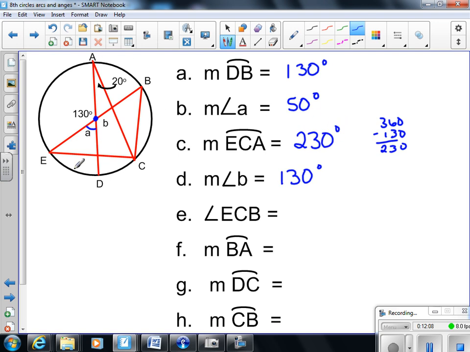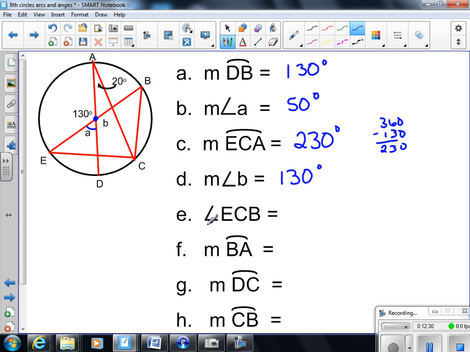So this is a major arc, and the measurement is 230 degrees. We knew it had to be over 180 degrees. Another way you could have calculated it: if this was 180, and this angle being a vertical angle has to be 50, then 180 plus 50 degrees would also give you 230. So that's just another way of looking at it.